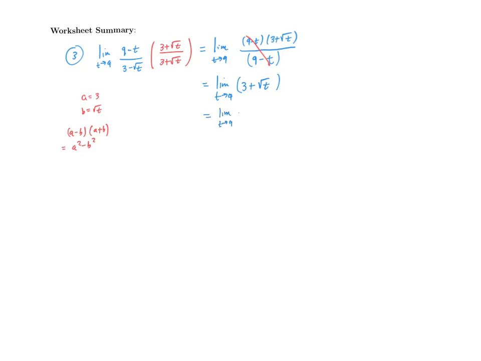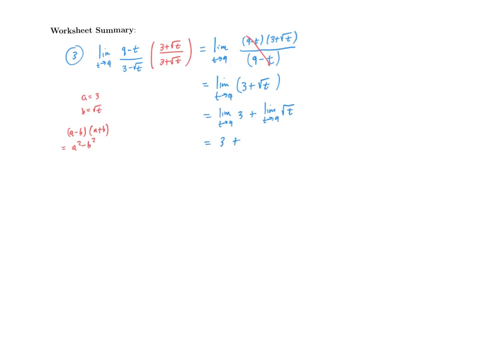Our limit laws tell us we can take the limit of the first plus the limit of the second. And the limit as t approaches 9 of any constant is that constant.